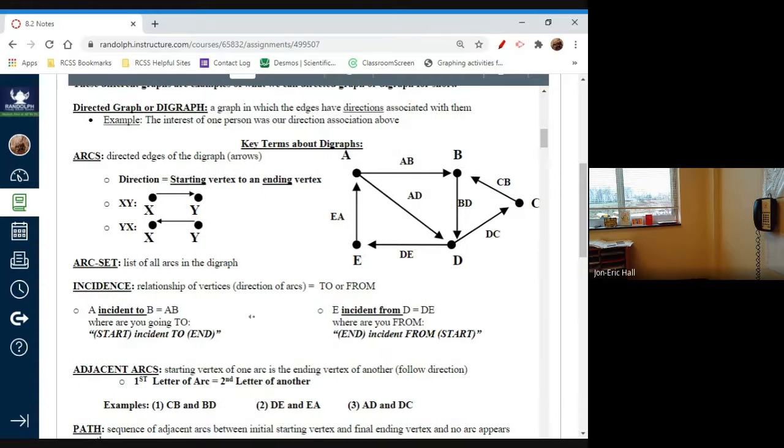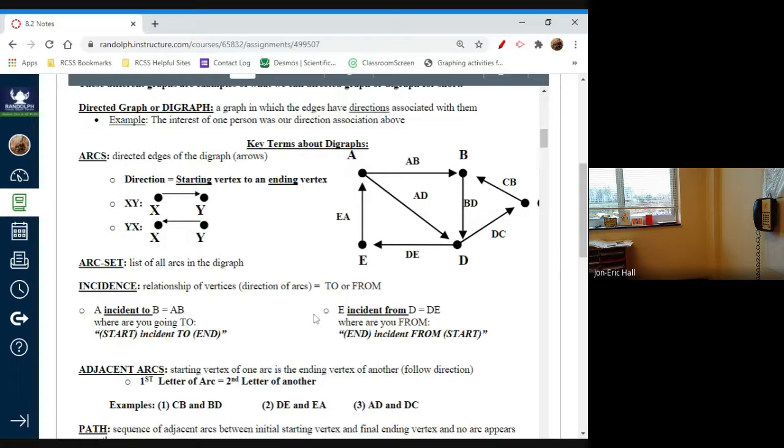Let's see, next thing over here. An incidence is a relationship of vertices, direction of arcs, to or from. A incident to B, A to B. Where are you going to? Start, incident to end. You with me? E incident from D. DE.